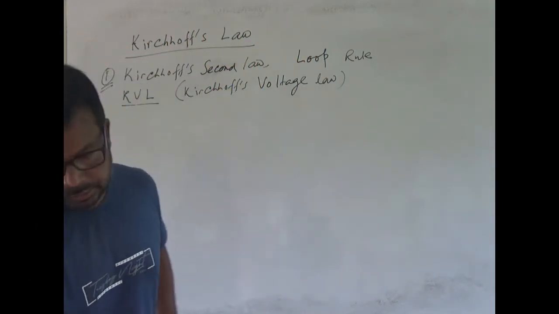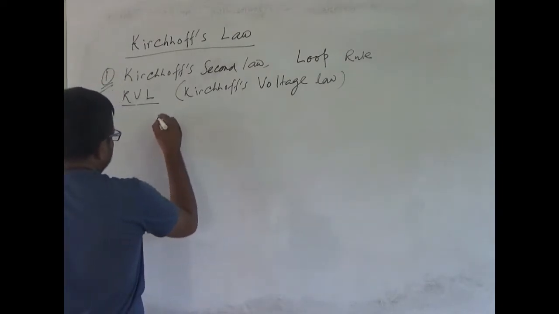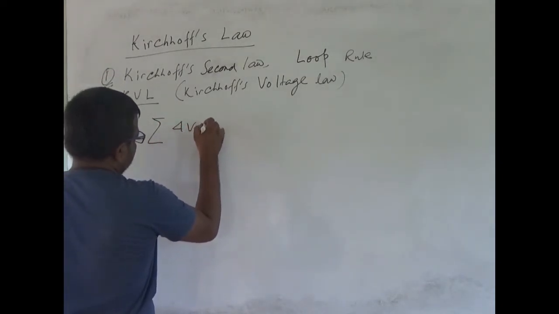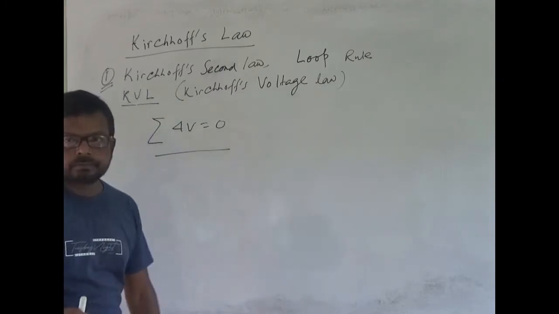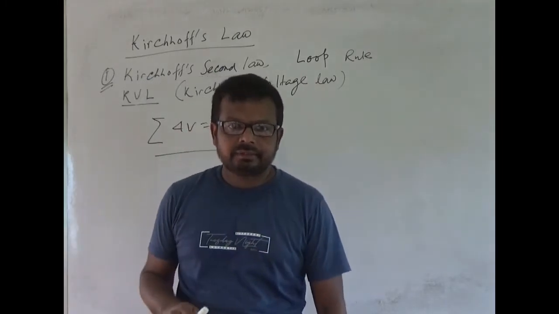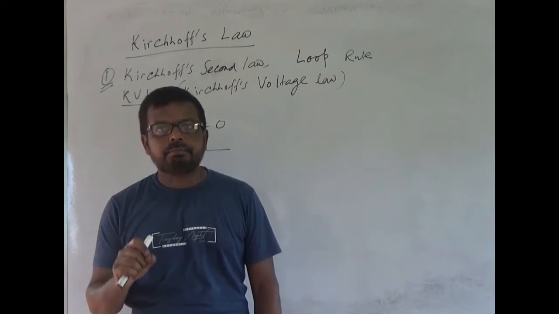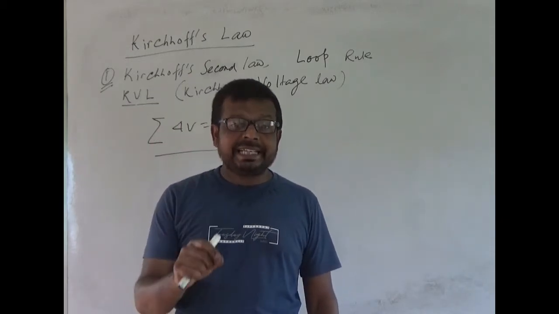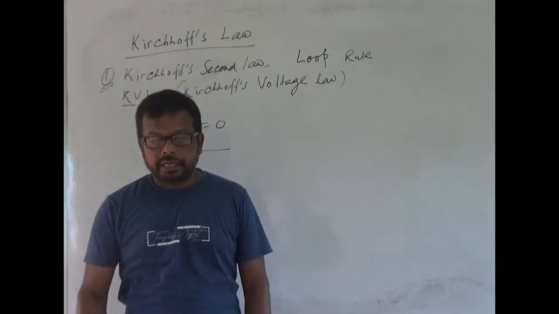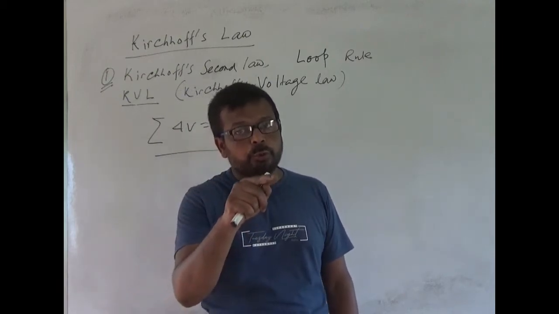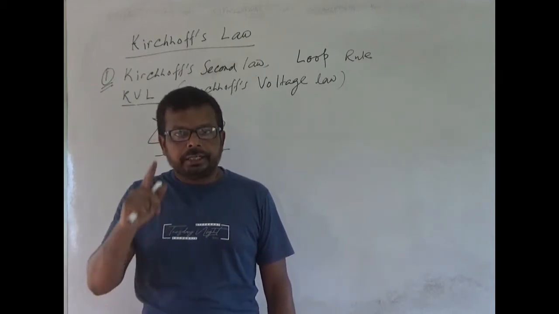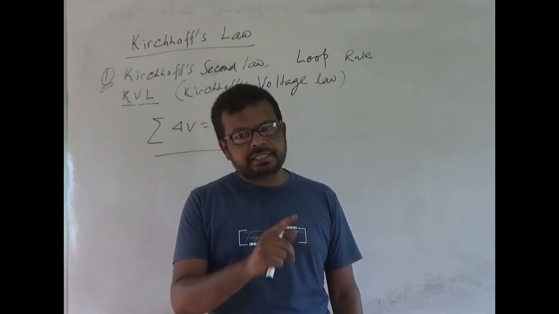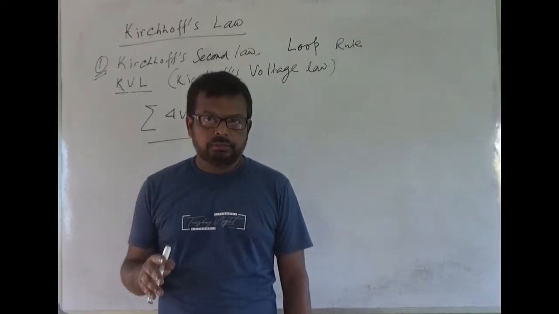That means summation over delta V equals 0. What we have said? The algebraic sum of changes in potential around any closed loop involving resistors and cells in the loop is 0.